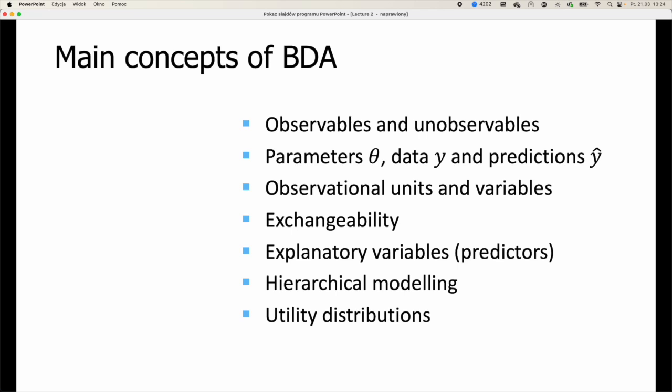Another aspect is exchangeability. You know there is an idea called independence of statistical events, which you should know from classical probability. Events are not necessarily independent; this is a very restrictive aspect. However, they can be exchangeable, which means, for example, that we do not need them to be in order.